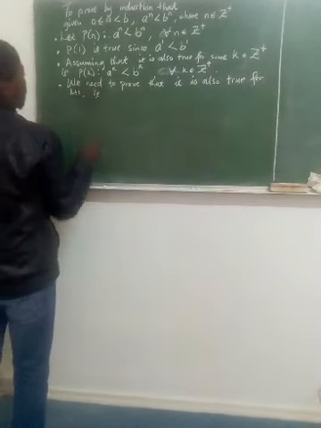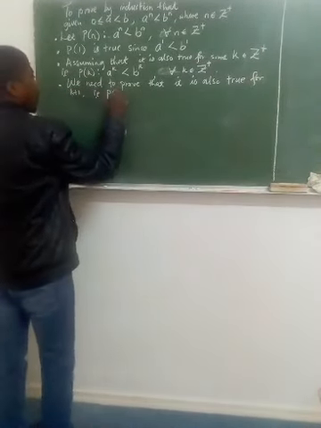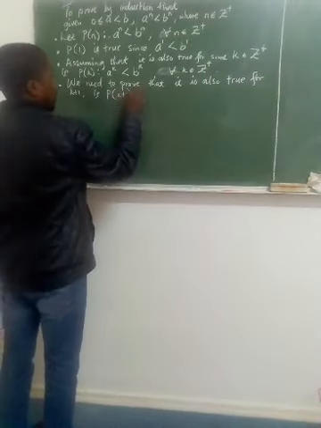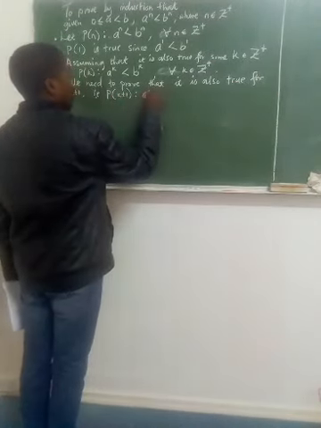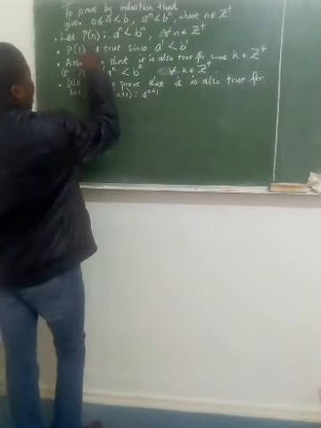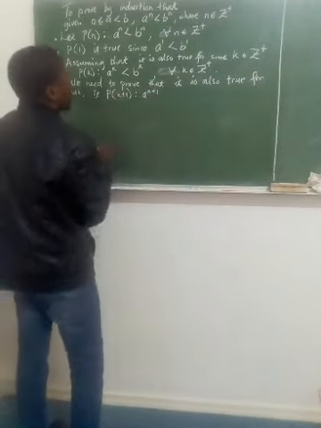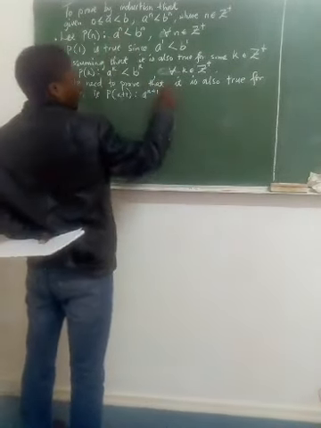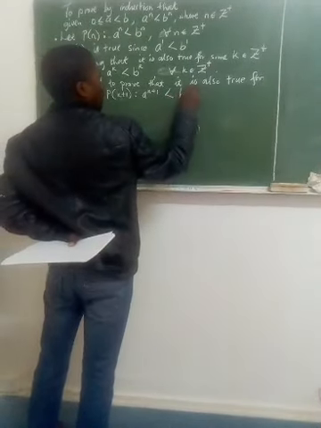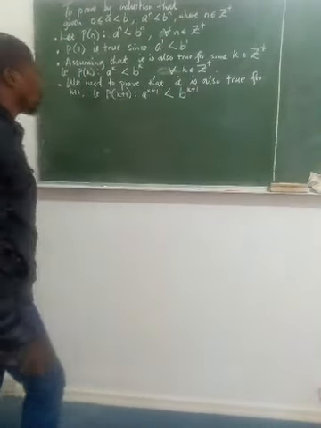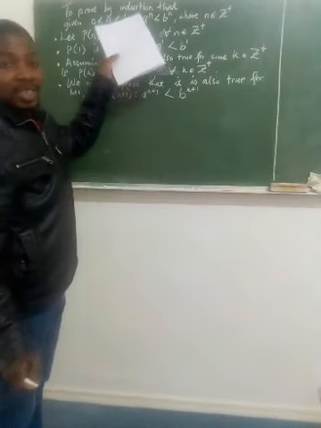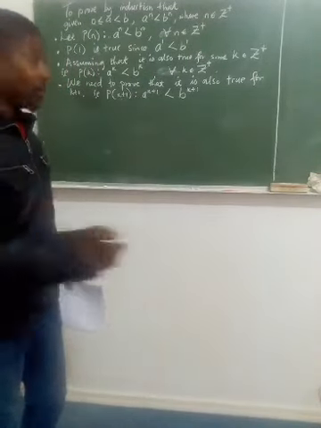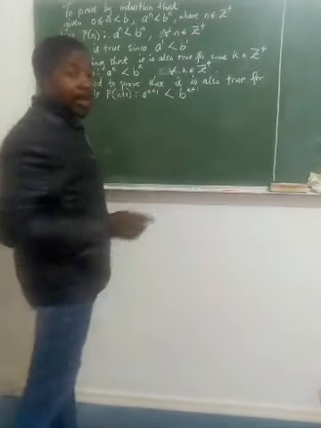That is, Pk plus 1 is such that a to the power of k plus 1, we are replacing where there is an n, we put k plus 1. So a to the power of k plus 1 is less than b to the power of k plus 1. So we need to prove this. If we can prove this, then it means the given formula works for all n element of that.